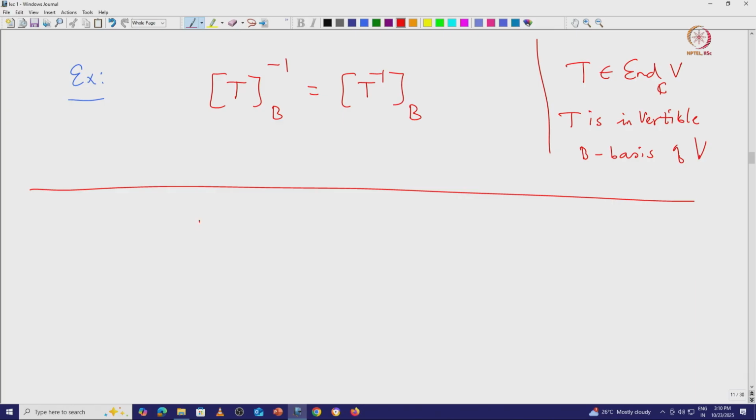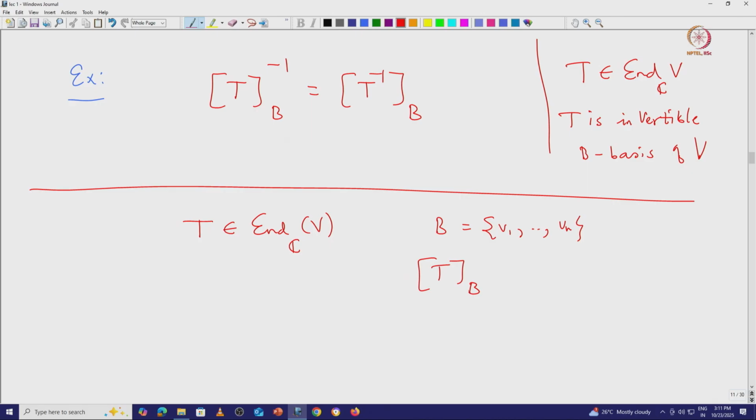Let us say we have a linear transformation T which is defined on capital V. Now we can fix a basis B and then talk about the matrix of T with respect to B. This is well defined.